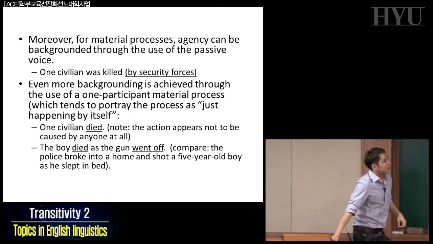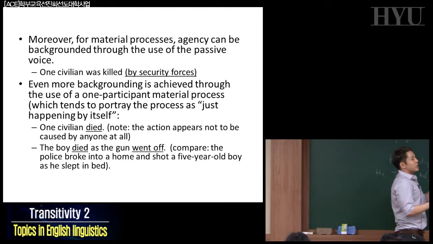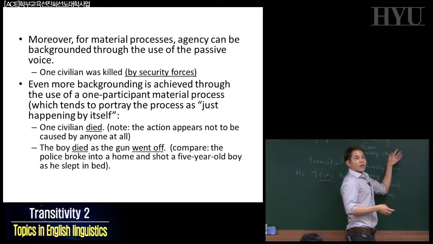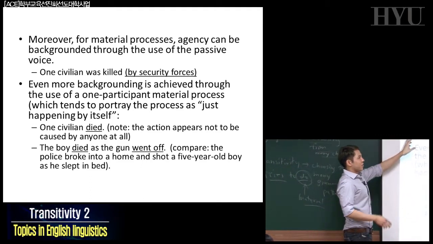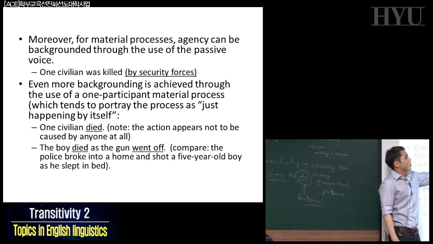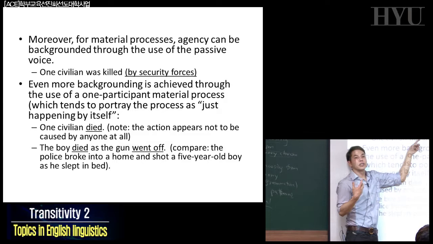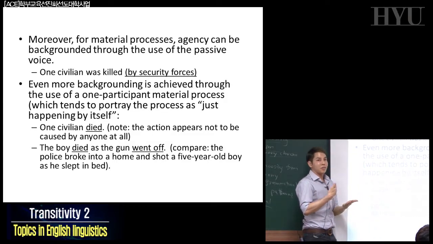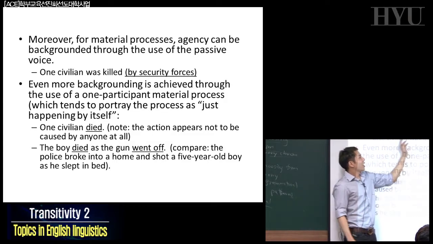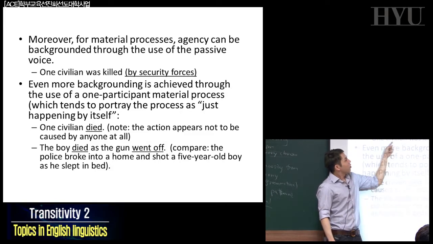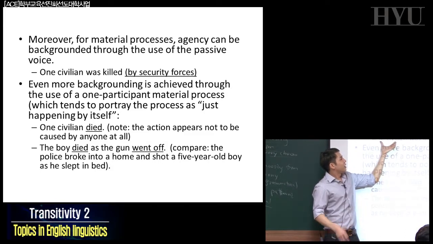And then for material processes, agency can be backgrounded through the use of the passive voice. Like one civilian was killed. When you use the passive voice, kill is still a material process, right? Because it's a process of doing. So he got killed. Here you foreground the goal, right?